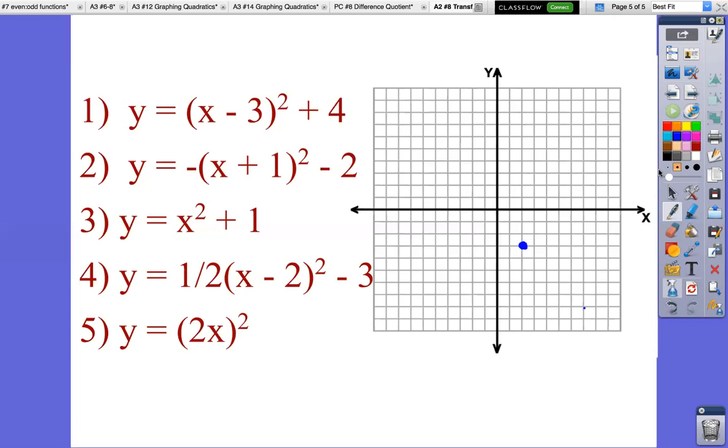Up. How do you know it opens up? There's not a negative in front of the parentheses. Exactly. So again, let's make sure we don't make any silly mistakes. So my A value is 1/2, right? Is this stretched or compressed? Shrunk, which means I know it's going to be wider, right?